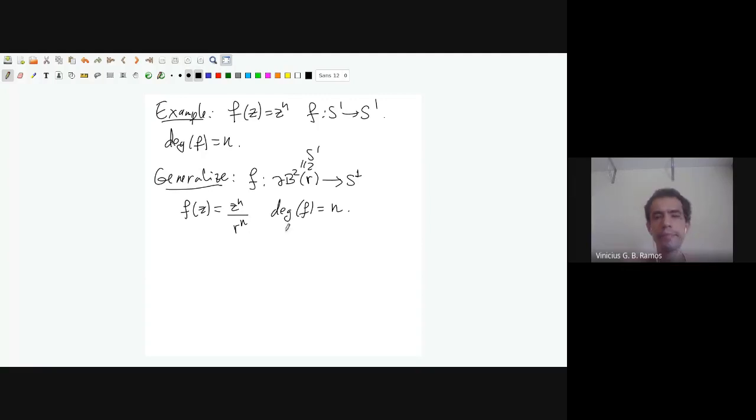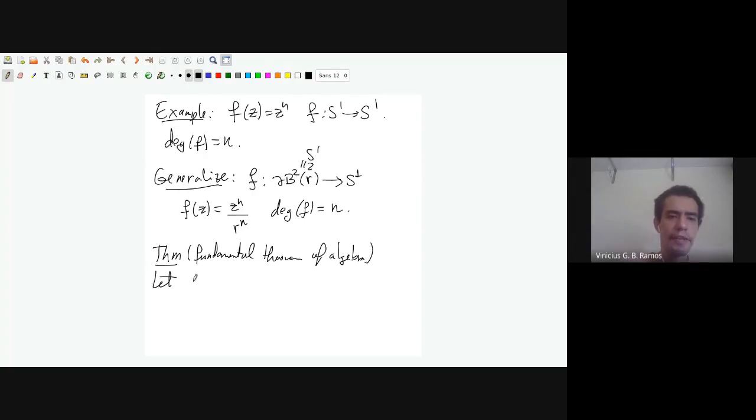Okay. So now we're going to use this example to prove a very beautiful and well-known theorem, which is the fundamental theorem of algebra. What does it say?